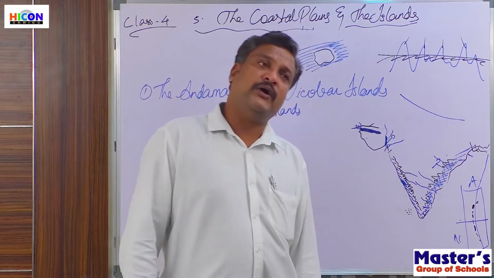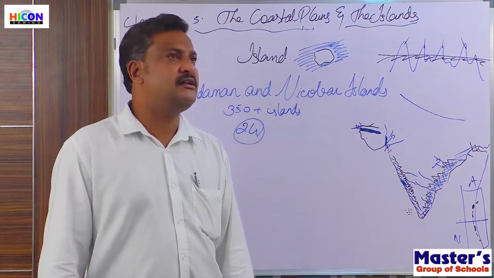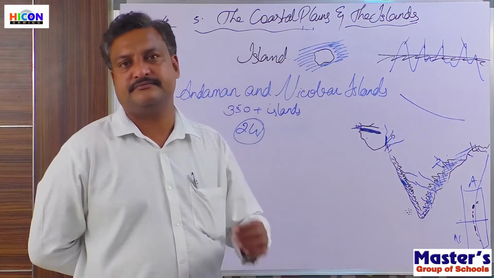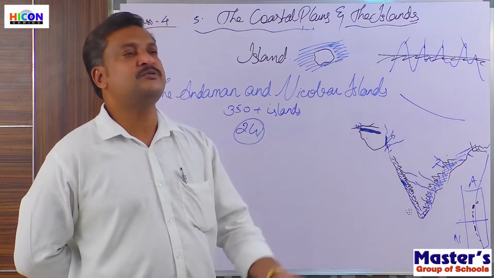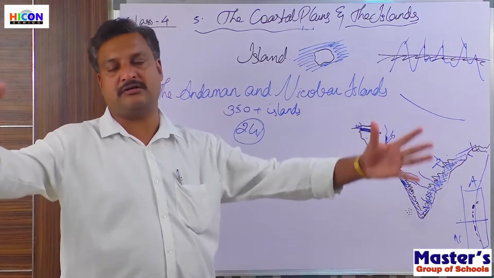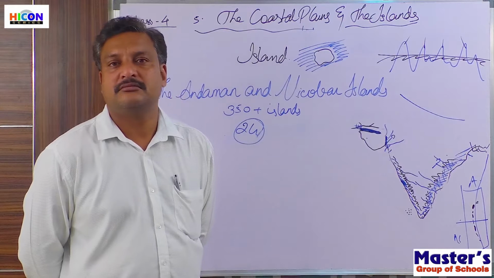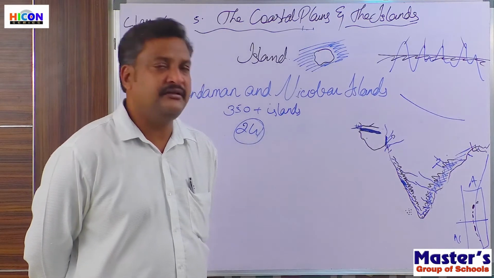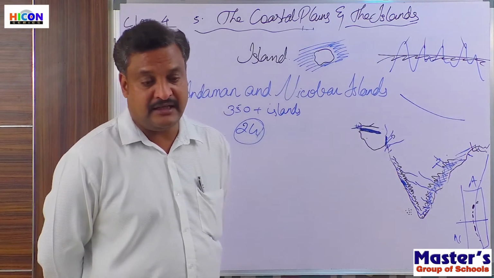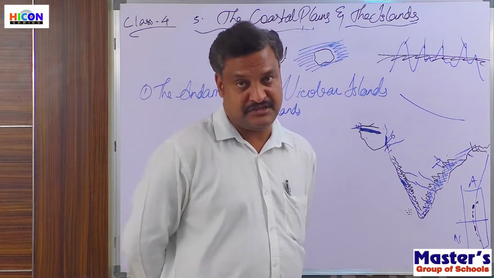An island looks like a hill. Some are even so small that it's nothing else but a huge rock. So they are uneven, they are hilly, but they are very good for cultivation.